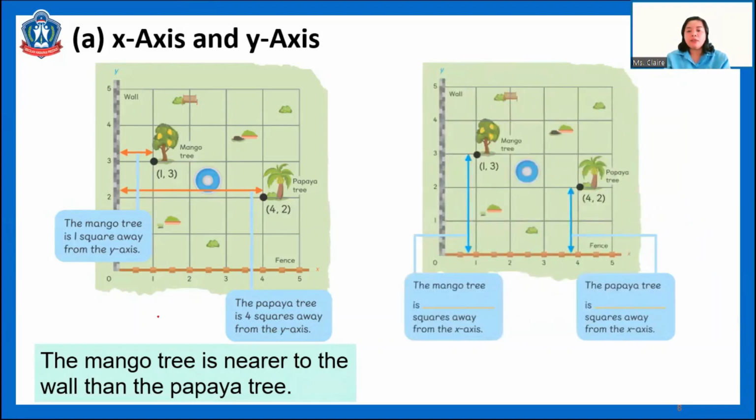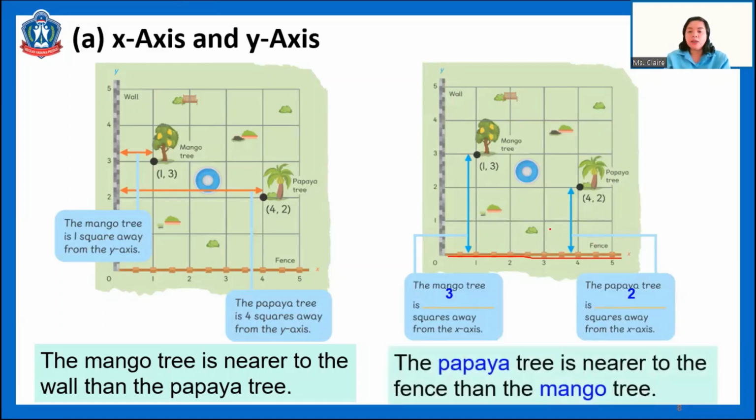Now, how about the mango tree if we focus on the x-axis? How many squares away is the mango tree from the x-axis? Correct, 3 squares away. Papaya tree, 2 squares away. So which one is nearer to the x-axis? Yes, the papaya tree.